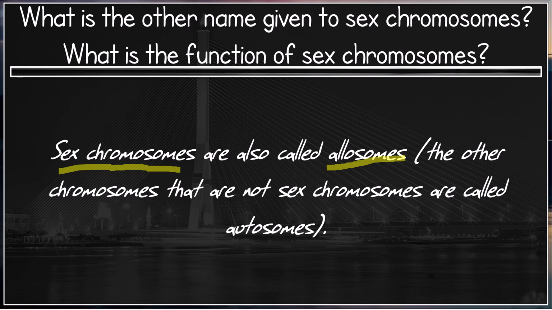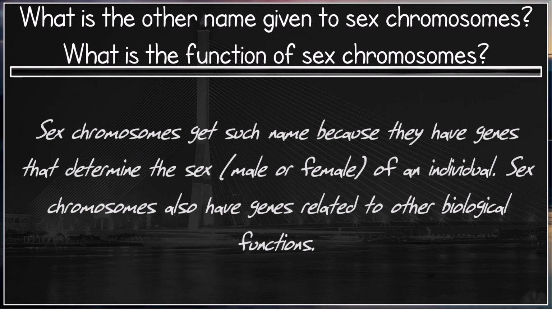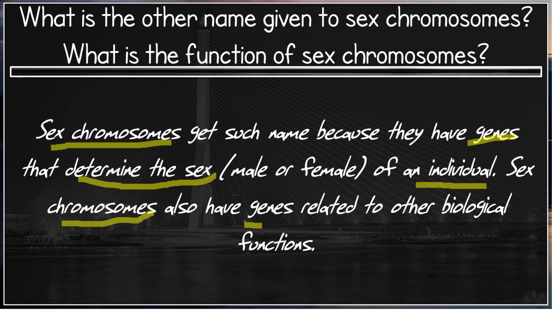The other chromosomes that are not sex chromosomes are called autosomes. Sex chromosomes get such a name because they have genes that determine the sex, male or female, of an individual. Sex chromosomes also have genes related to other biological functions.